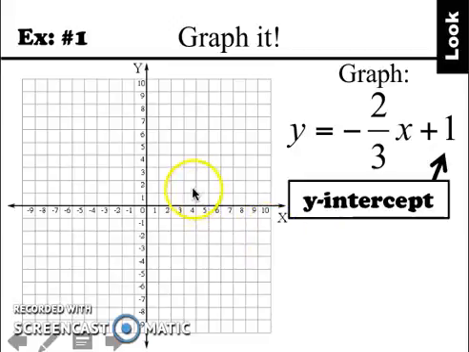So let's look at our x and y axis. Our y-axis is here. In the y-axis, we have to find positive 1. You can see here is negative 1 over here, and positive numbers over here. So our positive 1 is here. So let's place a point right there, at positive 1. That's our y-intercept.